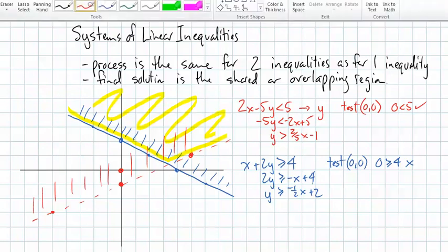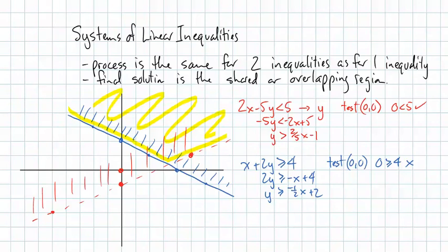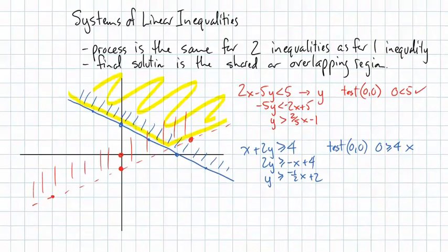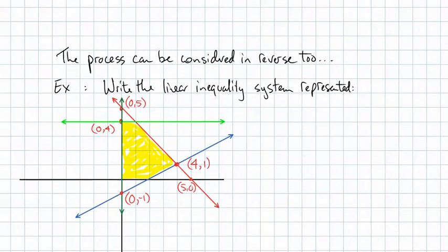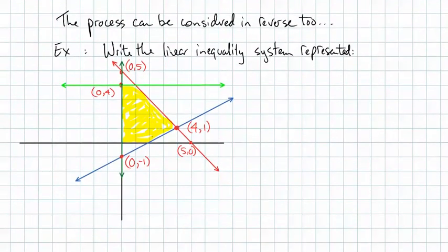You may want to pause and just consider that and make sure that that makes sense for you. I could also be asked the reverse. So I may be given a graph representing a set of inequalities and need to come up with a description of them.